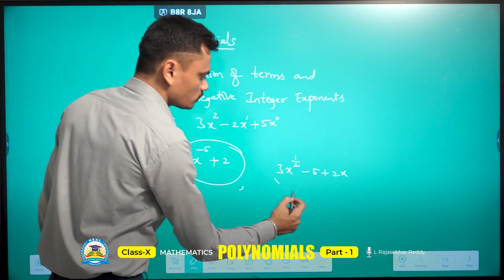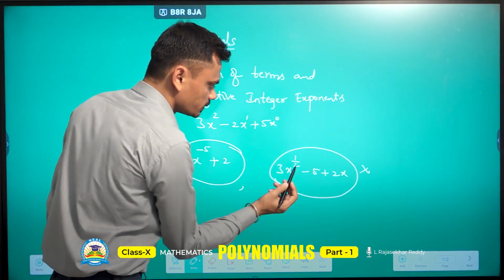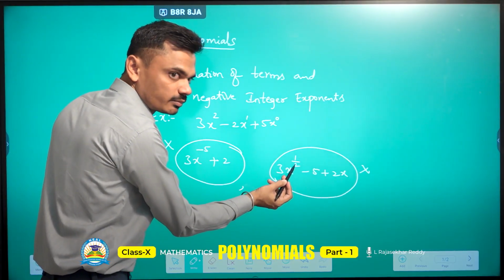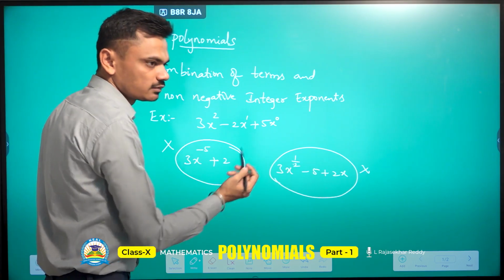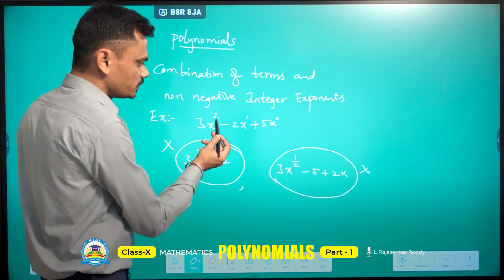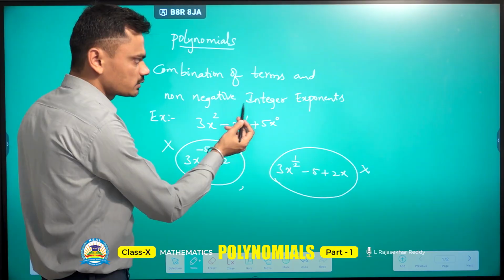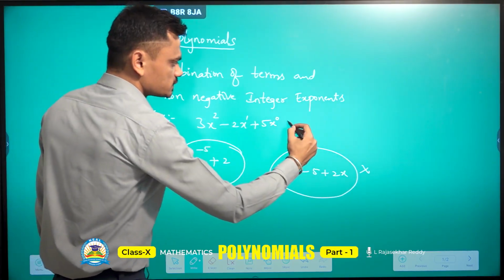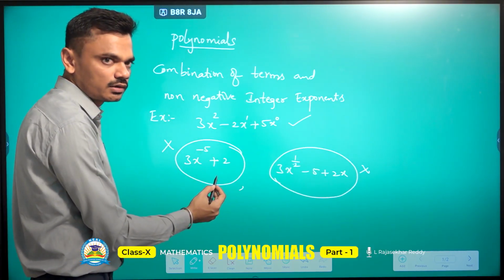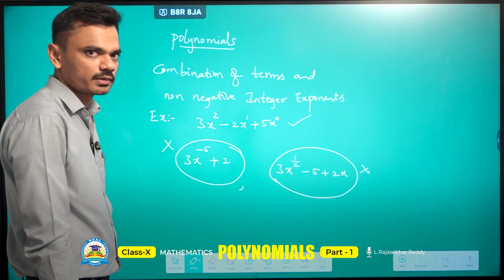See, this is also not a polynomial because here the power of the variable is a fraction. It is a rational number. So here the exponent should be a non-negative integer. So this is the polynomial. This is not a polynomial. This is also not a polynomial.